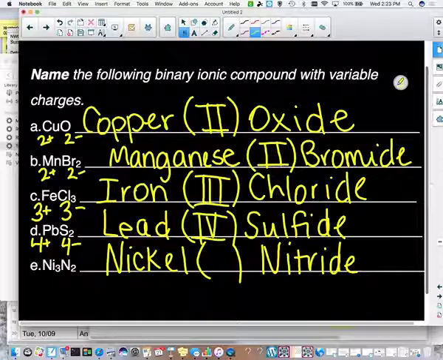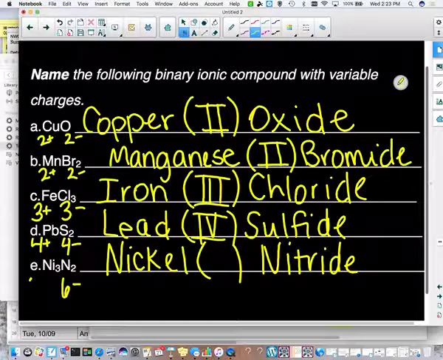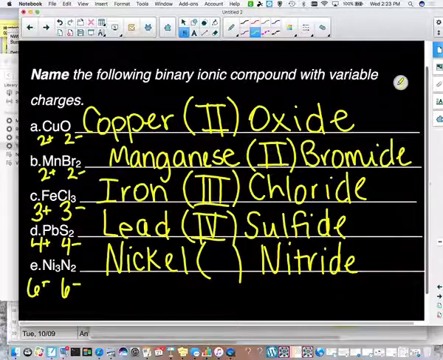So that's a charge total of -6. So nickel's total charge has to be +6. However, there's 3 of them. So what is each nickel's charge? 2. We take 6 divided by 3. Each of them has to be 2. So in this Roman numeral, it is the charge of 1.